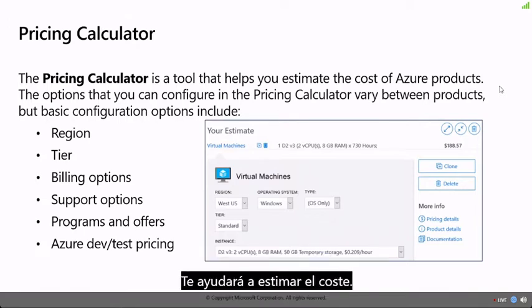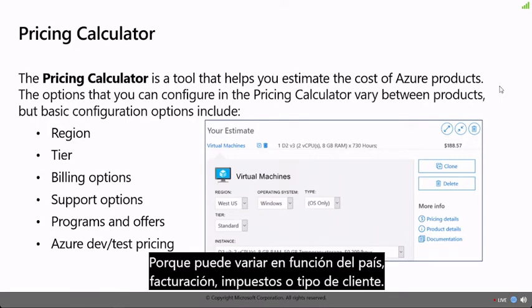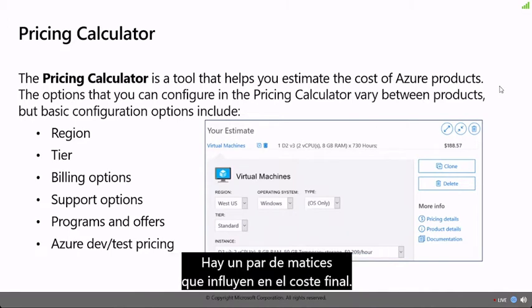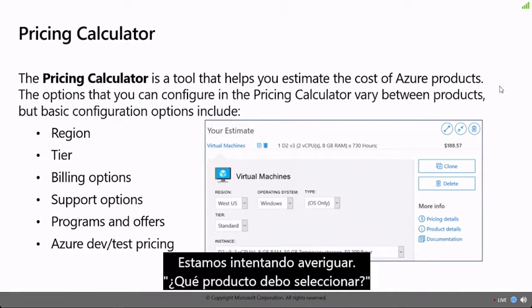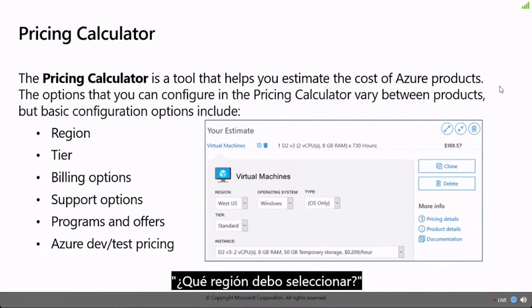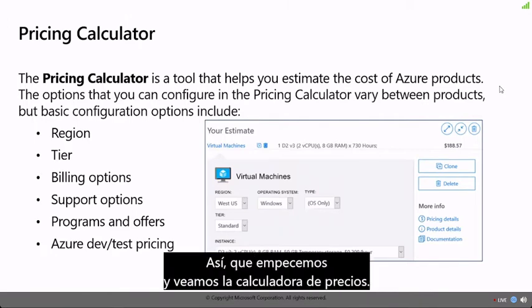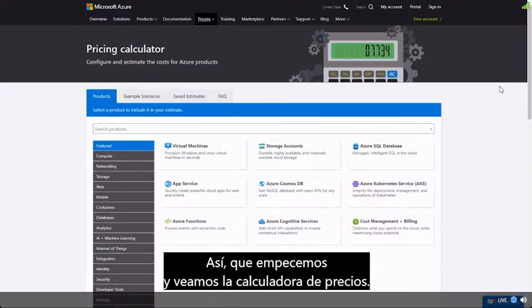It's going to help you estimate your costs, because again, it can vary based off of country, billing, taxes, customer type. There's a couple other nuances that go into figuring out your final cost. But this is really good when you're trying to figure out which product should I select, which region should I select. So let's go ahead and look at the pricing calculator.